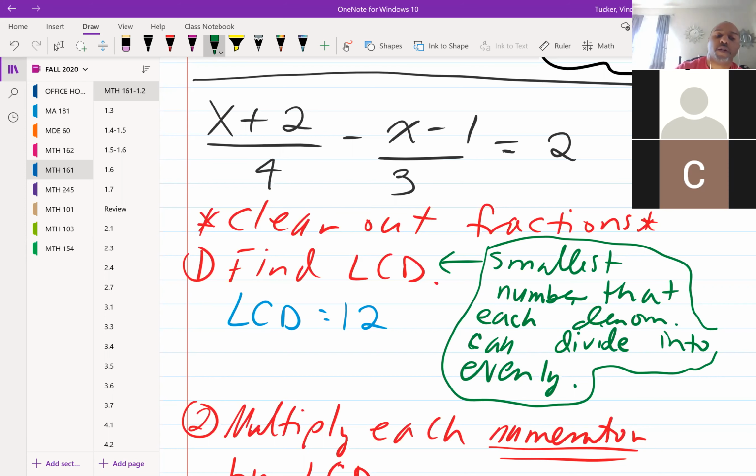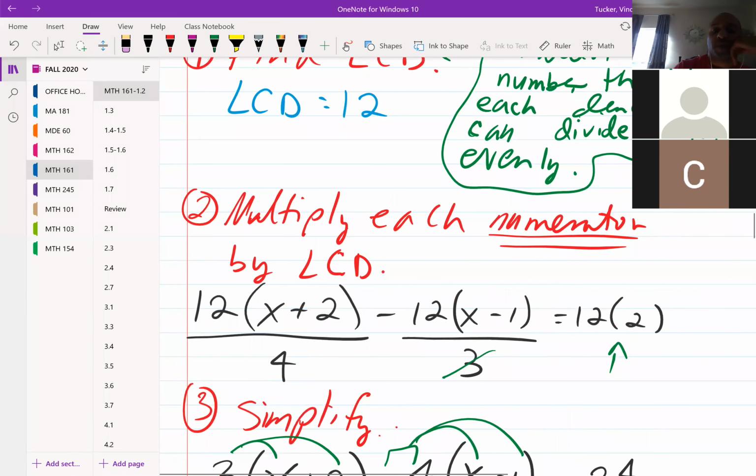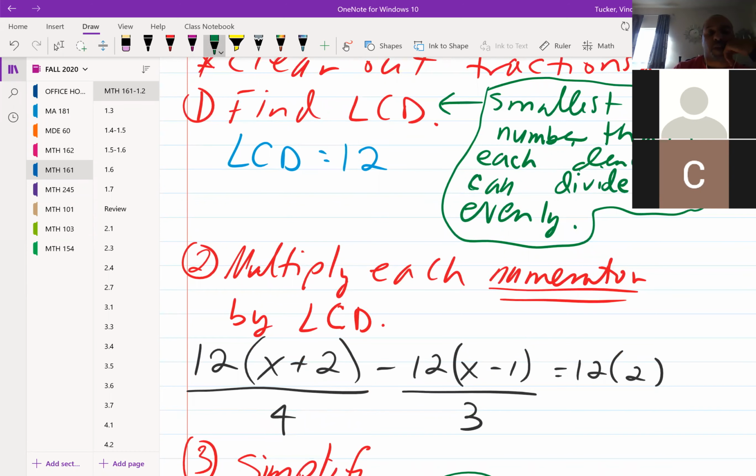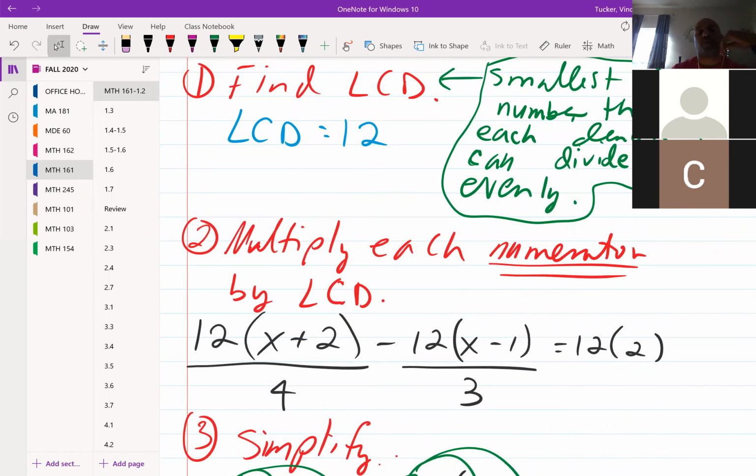All right. So then step 2 is to multiply each numerator by the LCD. Notice I said each numerator. We're not doing top and bottom. We're multiplying across the equation. We're multiplying each numerator by the LCD. So that's what I did here. So that's 12 times the quantity of x plus 2 over 4 minus 12 times the quantity of x minus 1 over 3 equal to 12 times 2.